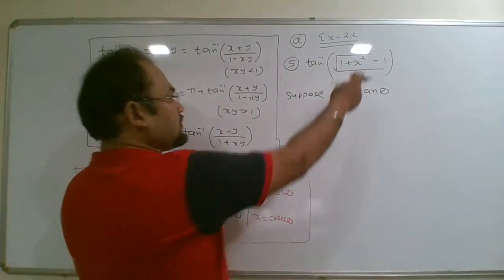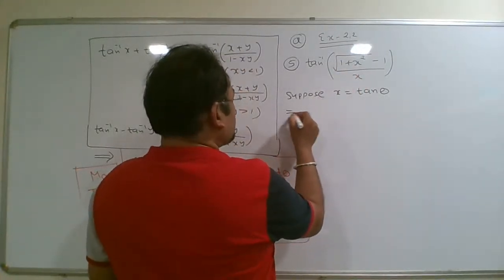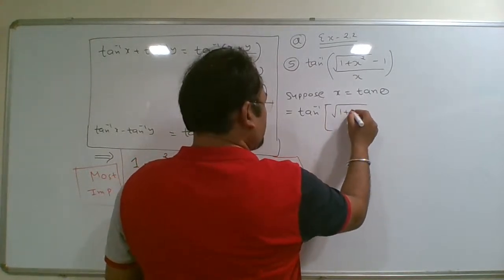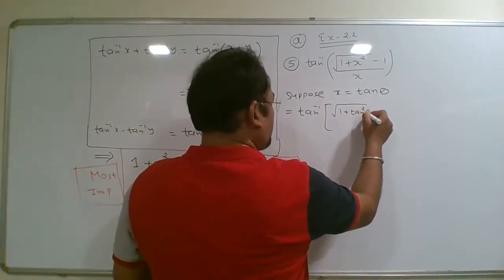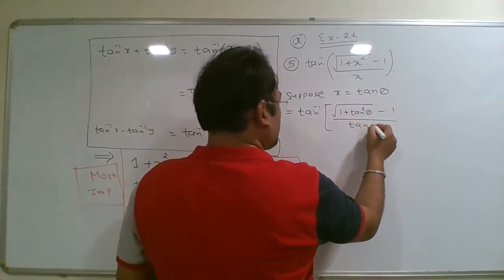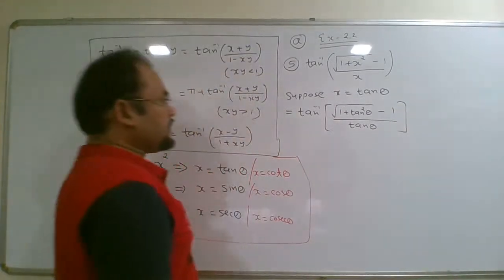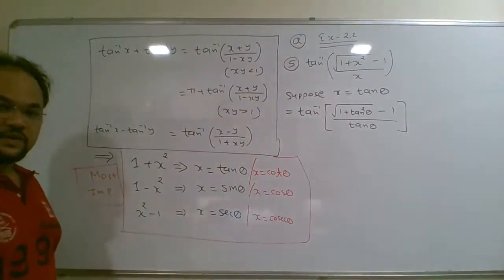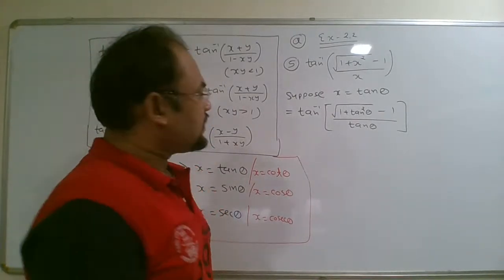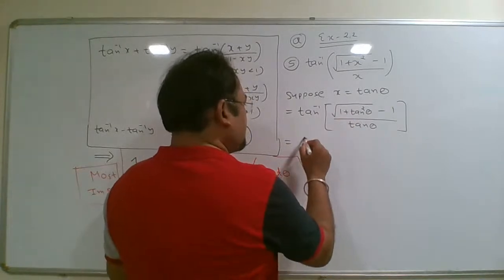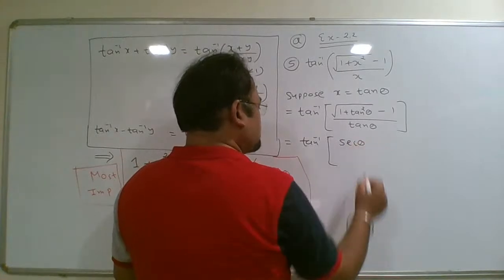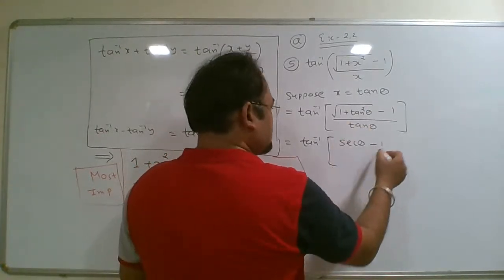tan inverse of this angle. So which becomes tan inverse of under root 1 plus tan square theta minus 1 upon tan theta, as x equal to tan theta. So what is 1 plus tan square? 1 plus tan square equals sec square, and under root sec square is sec.